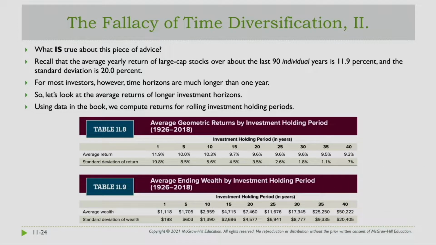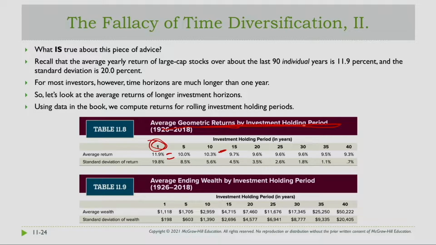If we look at the geometric returns by investment holding period, we start off with a single year, and we see that the average return is about 12%, and the standard deviation of that return is just a shade under 20%, right? Now, if we extend our holding period from 1 year out to 10 years, what we find is that the geometric return drops down a little bit.